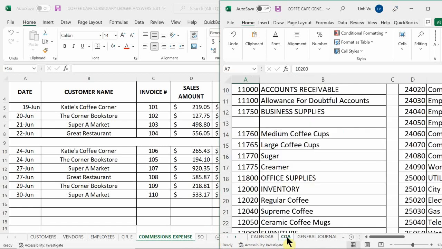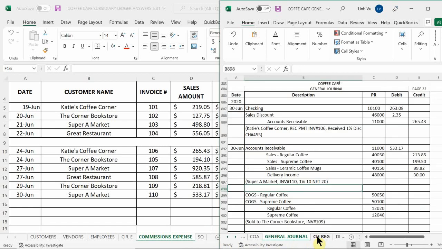Okay. So let me see. We did the journal. We did all three parts of the ledger, and we did the ledger. Yep. Okay. So now all we have left to do is update the inventory.